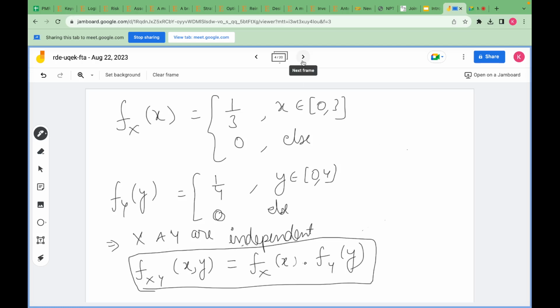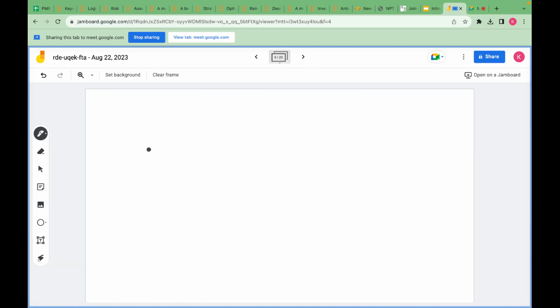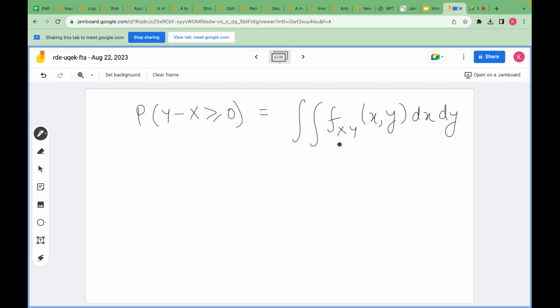So now we can easily use this for finding the probability that y minus x is greater than or equal to 0. We just need to integrate our joint probability density function where y is varying from x to 4.